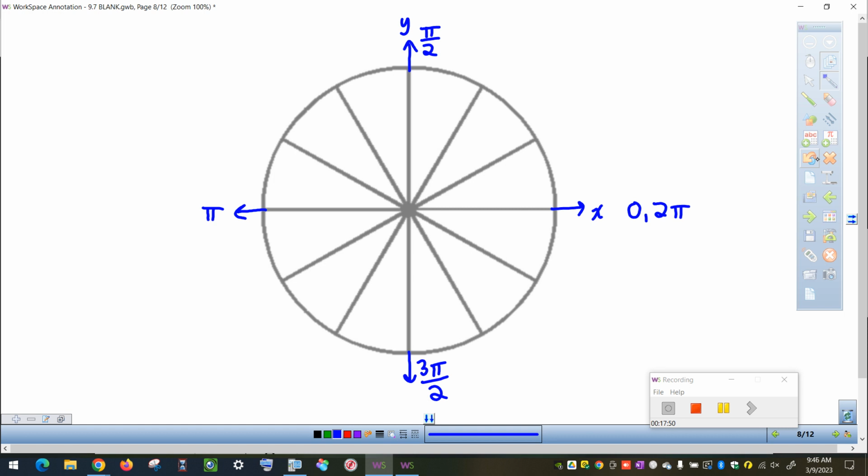So we see that we have 6 sections on the way to pi. Well, if we just go up to one of those lines, that's 1/6 of the way to get to pi. So we're going to label this one as pi over 6. So that's going to be the size of each piece on this circle. So when we go to the next line, it's really 2 pi over 6.